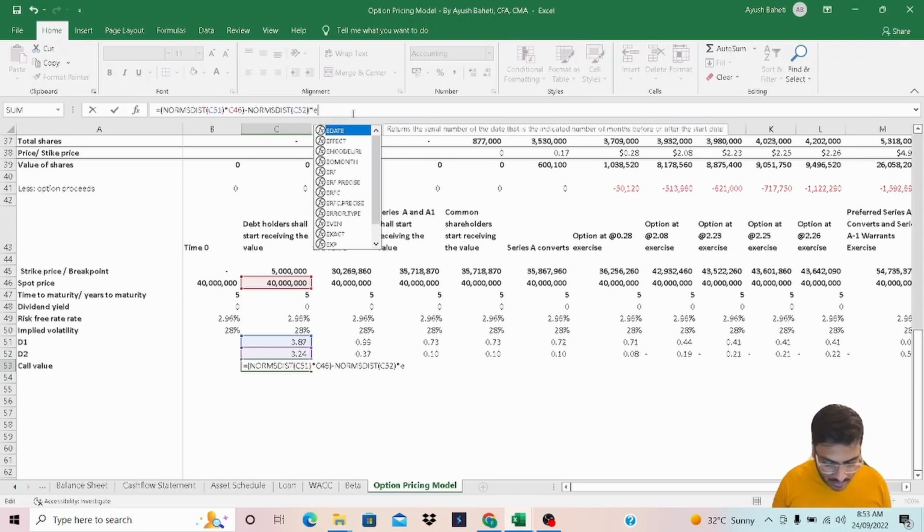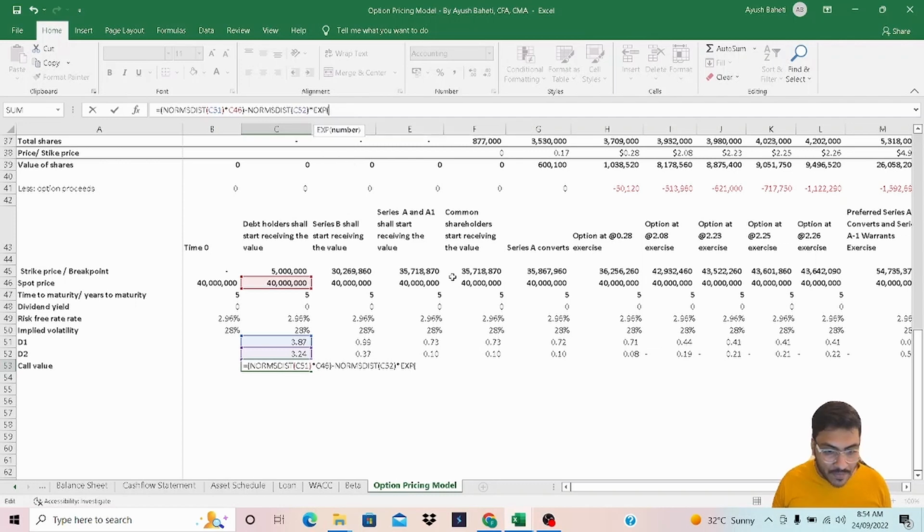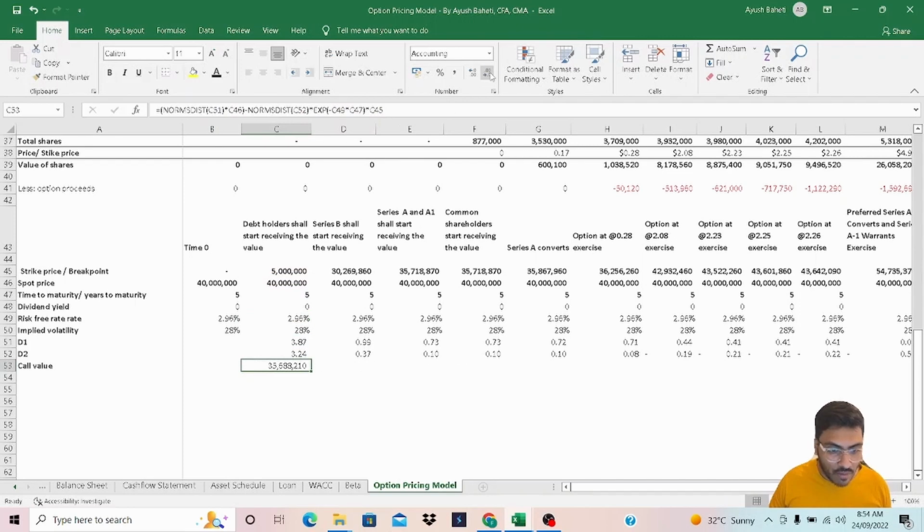So we will use the EXP formula, which returns e raised to the power of a given number. So that is minus risk-free rate multiplied by t, which is this value. And the last variable is the strike price. So this is our call value.